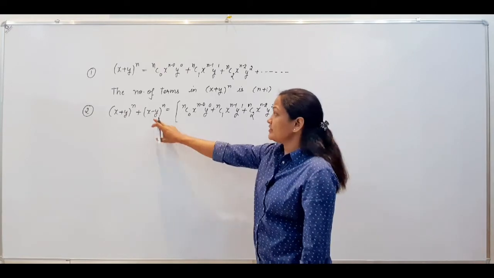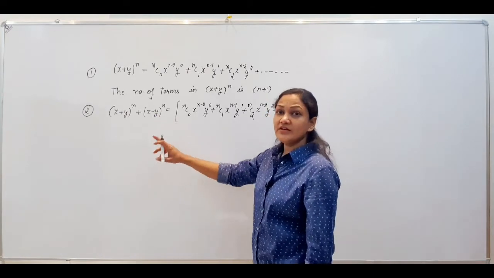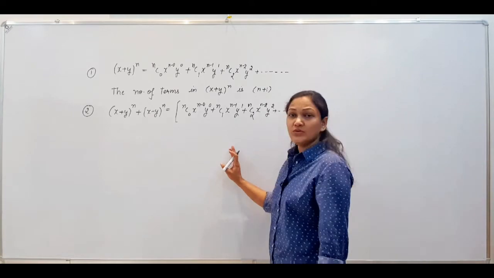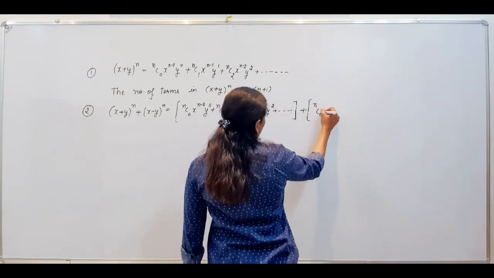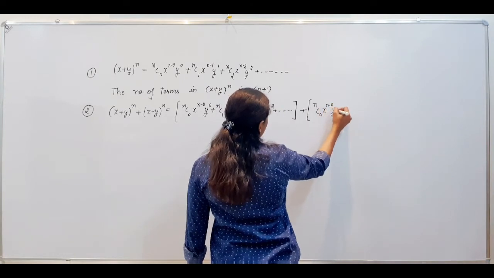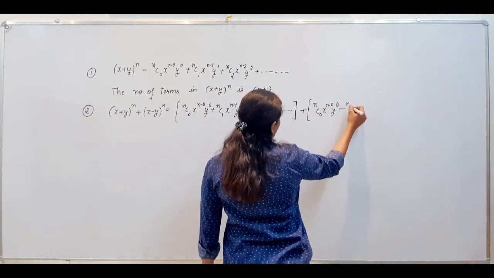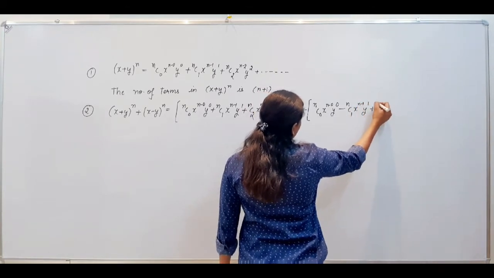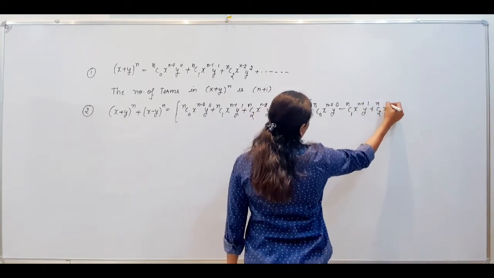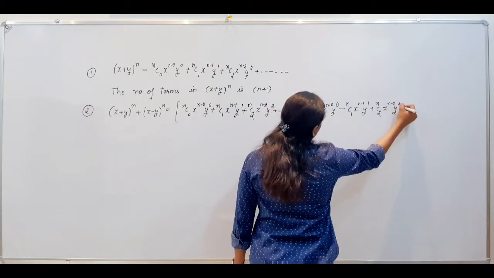in the negative y. There are alternate terms. First term will be positive, the second term will be negative, the third term will be positive, then the fourth term will be negative. So your first term is nC0 x raised to power n minus 0 y raised to power 0 minus nC1 x raised to power n minus 1 y raised to power 1 plus nC2 x raised to power n minus 2 y raised to power 2 and so on.